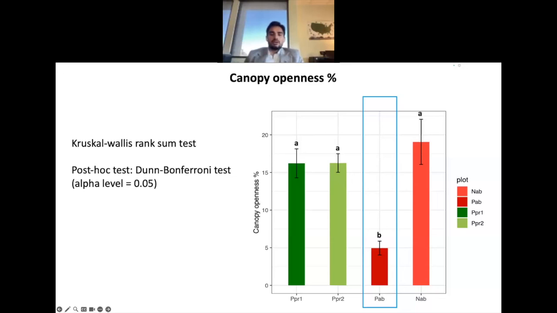Mycoheterotrophic plants form relationships with mycorrhizal fungi, which act as intermediaries between the plants and the photosynthesis of the organism. So these relationships have a potential to discover, and this may help establish newer populations of this species if we can find if anything is happening down there in the soil.